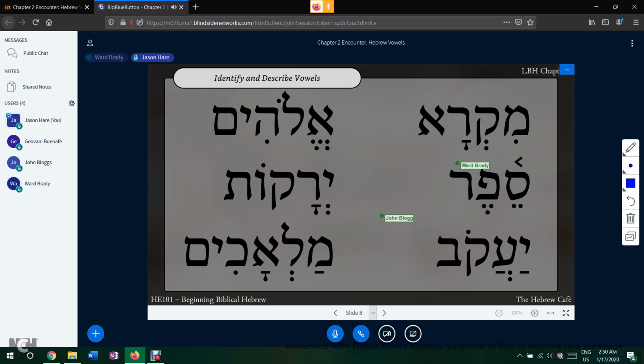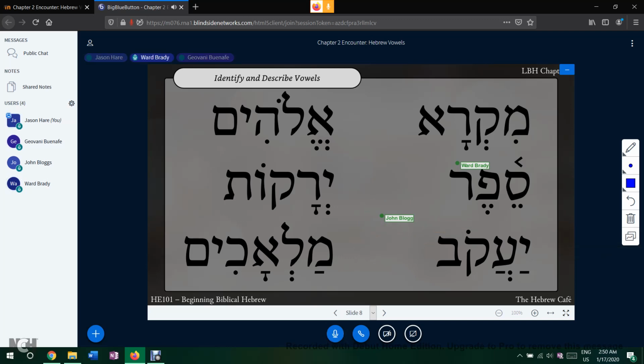Chirik. So this one is a closed syllable with the shva. How do we read that one? Mal. The aleph is a break, right? So it's not mala, but mal'a. Malachim. That kaf is soft. It's ch.